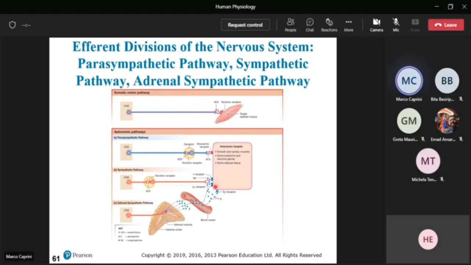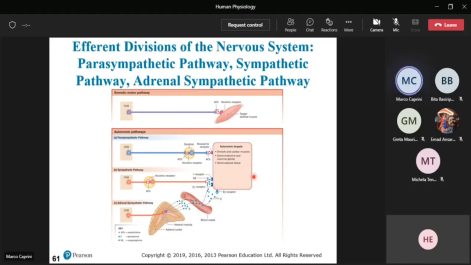And again, remember, when we studied the receptor, the response of the target depends on the type of receptor that is present. Here you can see the alpha receptor, beta 1 receptor, beta 2 receptor. There are other types of receptors also that are pharmacologically modulated. You will study it soon.